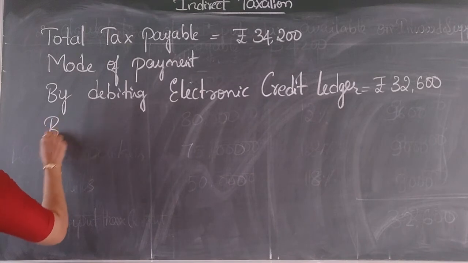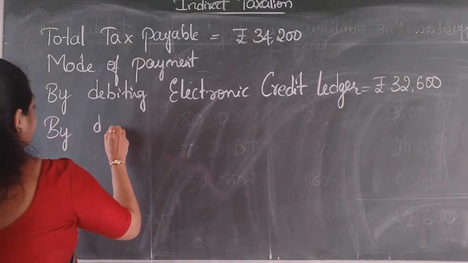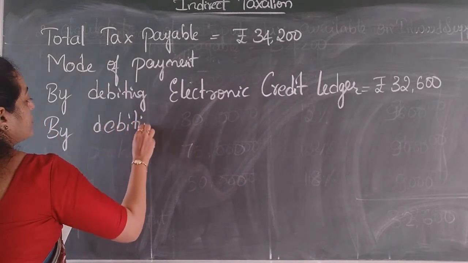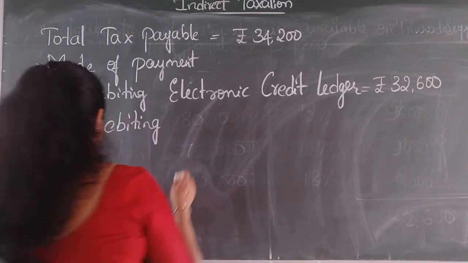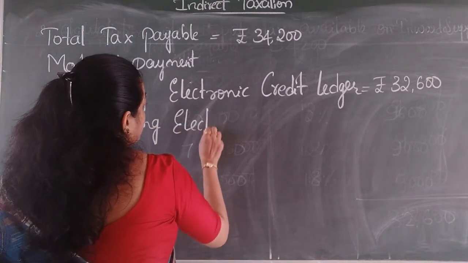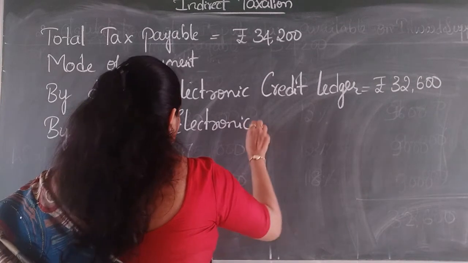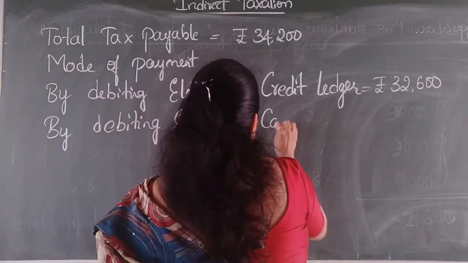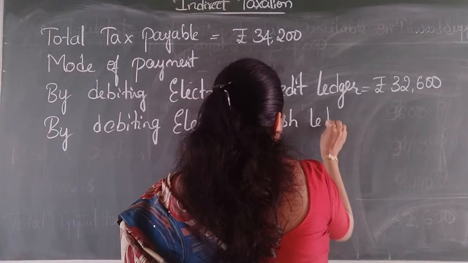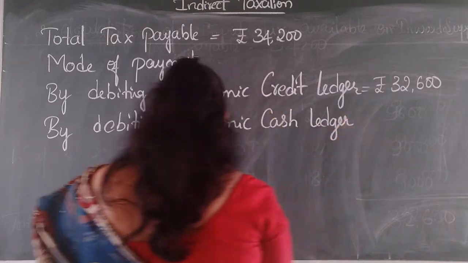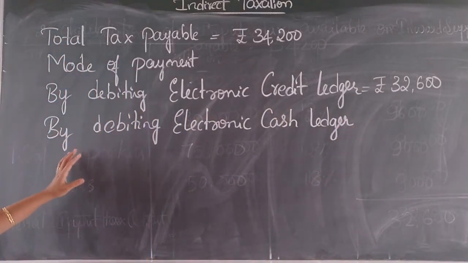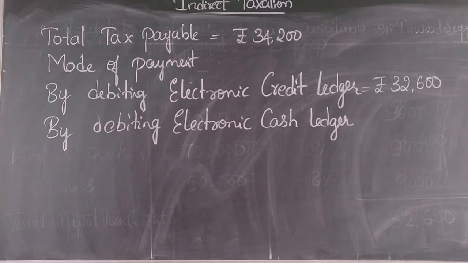So by debiting the remaining amount through the electronic cash ledger. See, the total tax payable is 34,200.